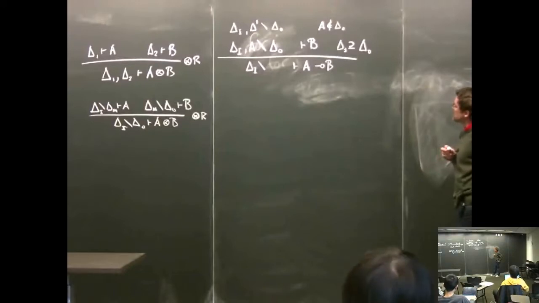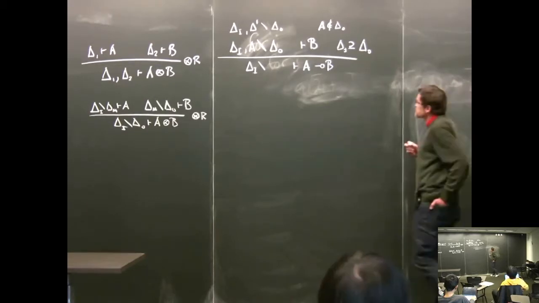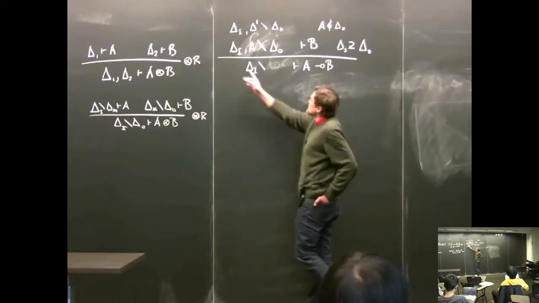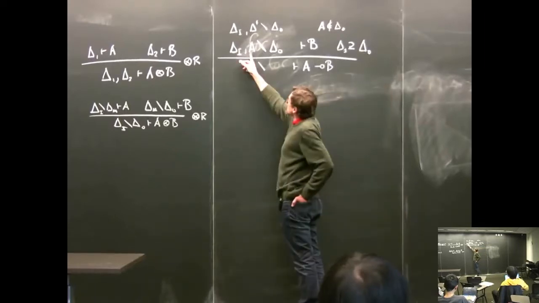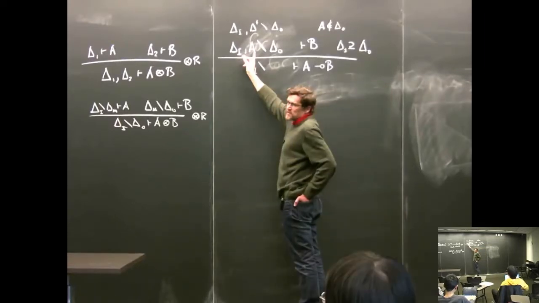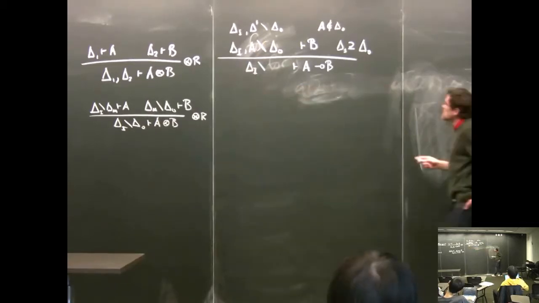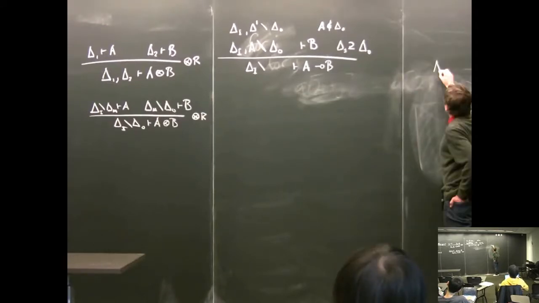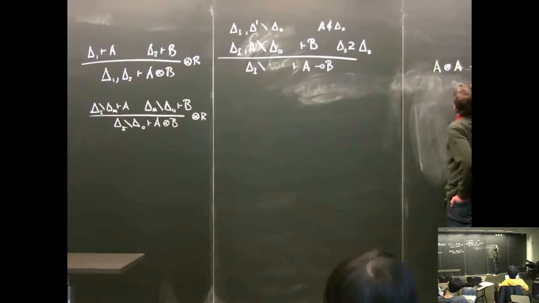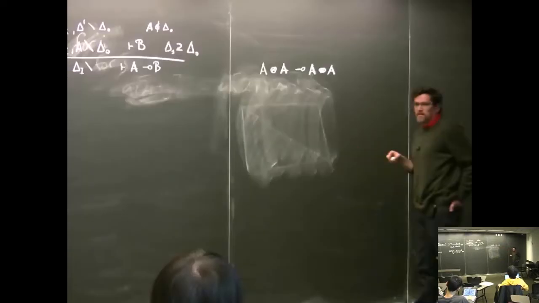Okay, so it depends on how much you care about the specific proofs that you actually get, right? If there's already some assumption A in here, you might want to distinguish those two occurrences of A, right? And so, for example, there might be a function that takes A tensor A into A tensor A. If you don't know anything about A, how many of these functions should there be?